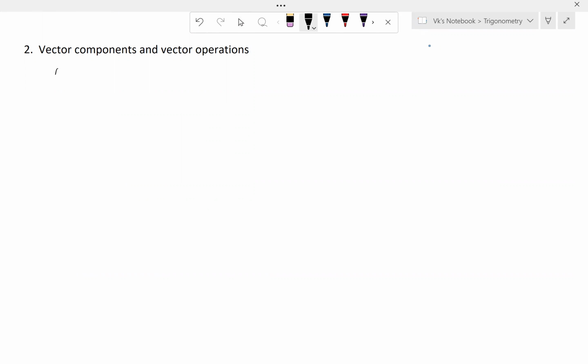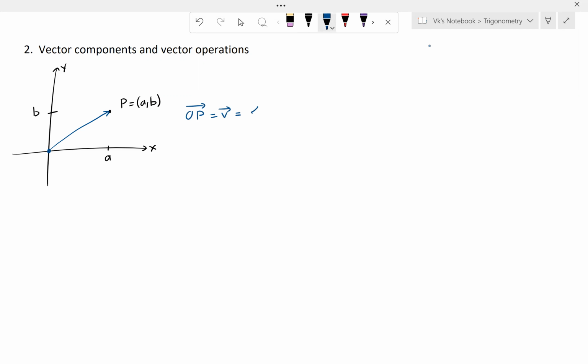In the xy plane, let's say we have this A, this B, right? Then this is the point P equal to (A, B). We can always get a vector from the origin to this point. And this is the vector OP. Let's call it a vector V. And we write it as (A, B), two components, the X component and the Y component.